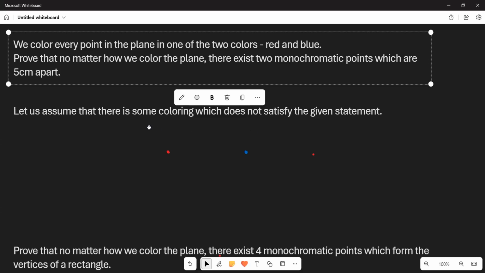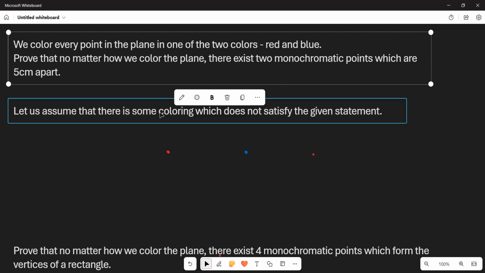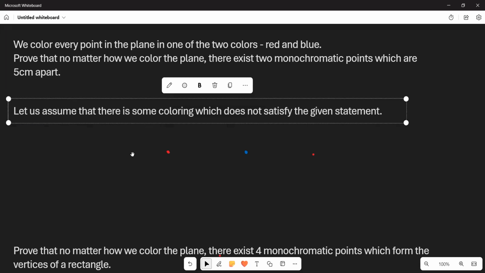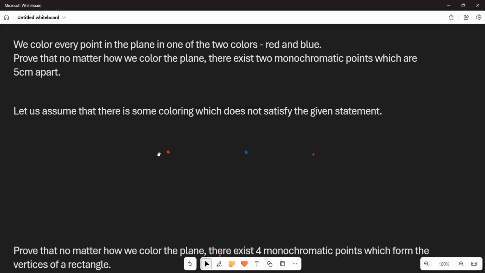So let's say somebody somehow comes up with a coloring in which any 2 points 5 centimeters apart are of different colors. Ma'am, if we color the whole plane red, then we would not have 2 points of different colors 5 centimeters apart, right? But what do you want to prove? Monochromatic, which means points of the same color.